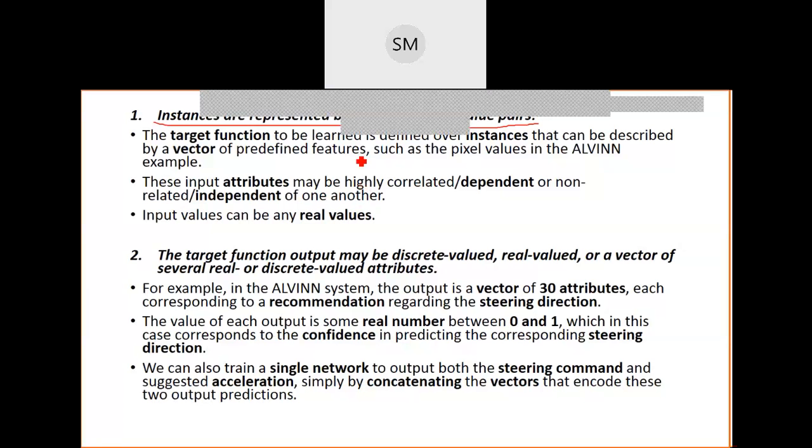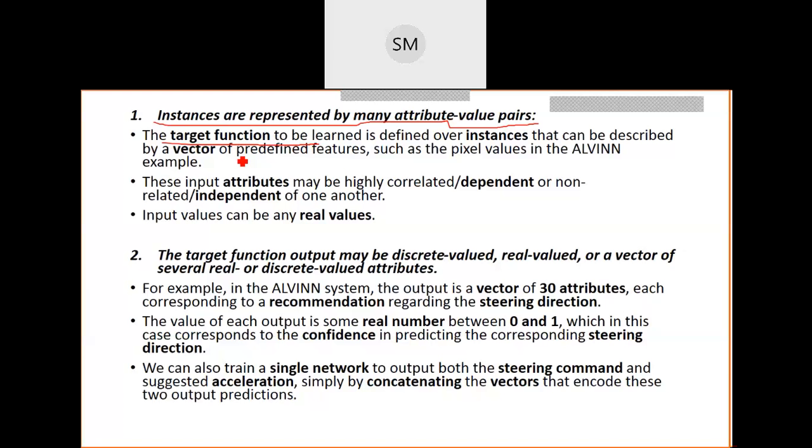The target function, what we have to calculate or learn, is defined over these instances. The target function, the target concept, is the same thing: what we want to find out.